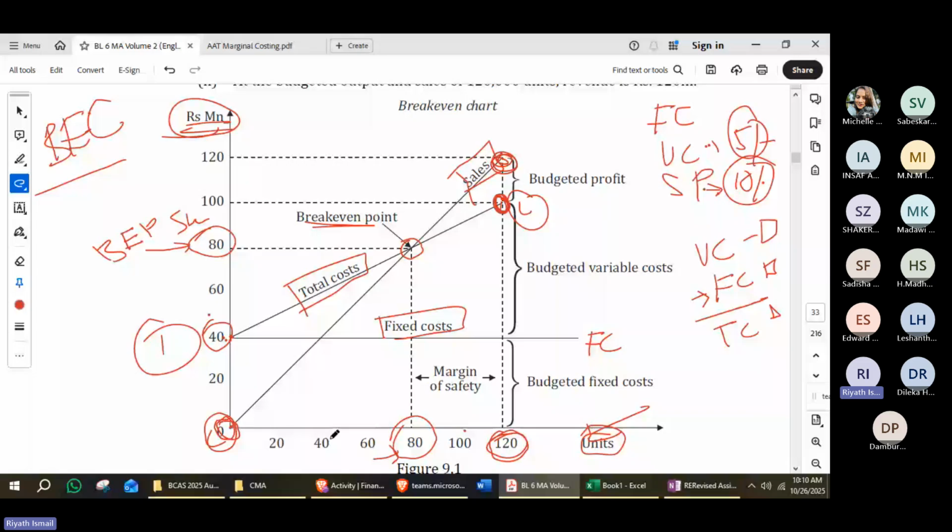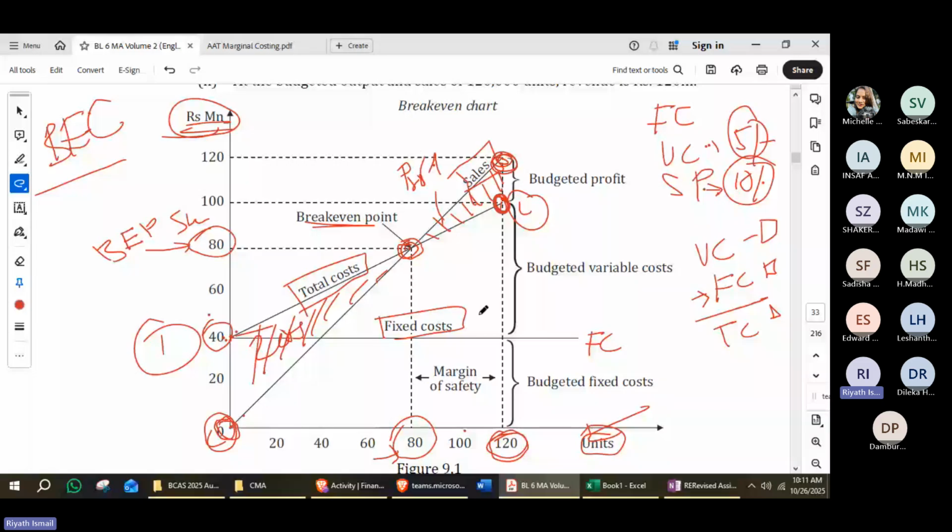Here, the total cost is this line, and this is total sales revenue. The area below this break-even point is loss. The area above, the triangle, represents profit.